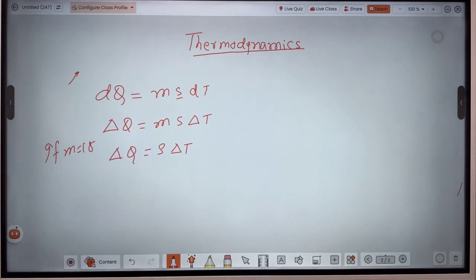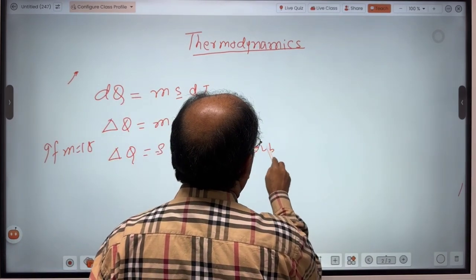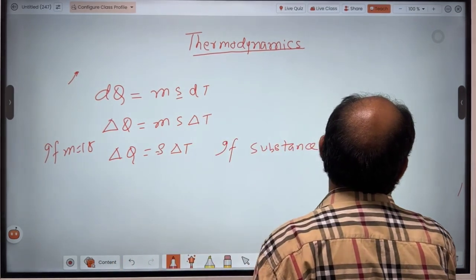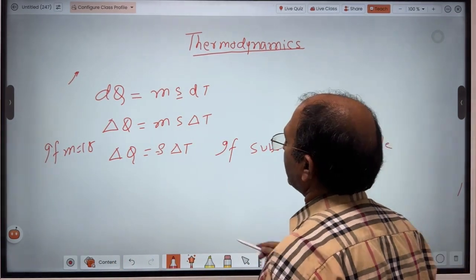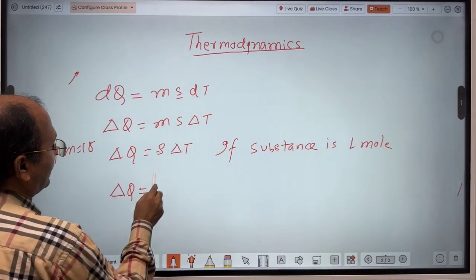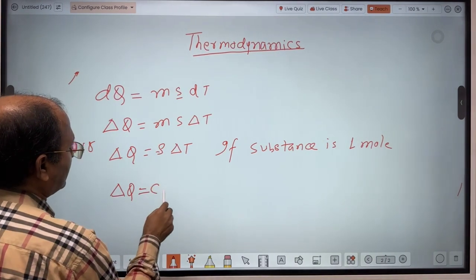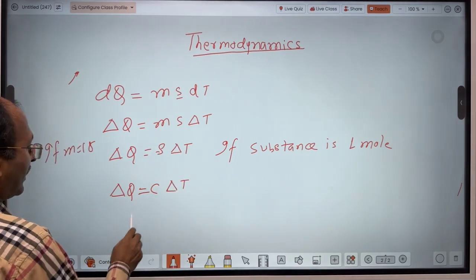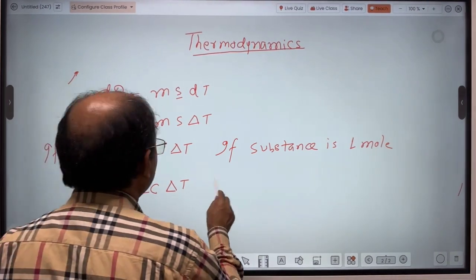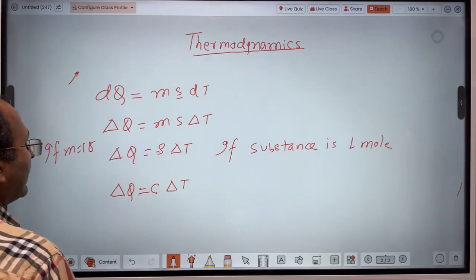If we take 1 mole, if substance is 1 mole, in that case heat capacity will be written as C. So delta Q equal to, in place of S we will write C, right? So C into delta T, or this can further be written as, here S is equal to how much? We were taking 1 gram and then we are dividing by mole, 1 mole.